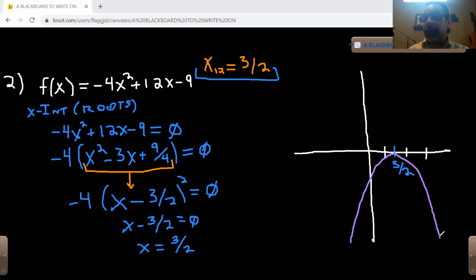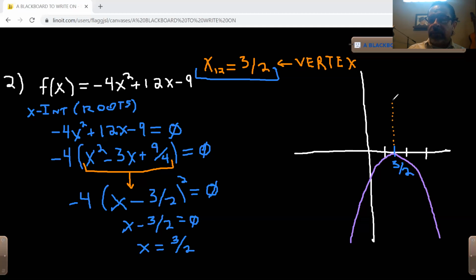So actually, part of the problem is solved because the other thing that I just found automatically is the vertex. The vertex, remember, is the point which is either the maximum or the minimum point of the parabola. So right now the vertex is exactly where we have this 3/2.